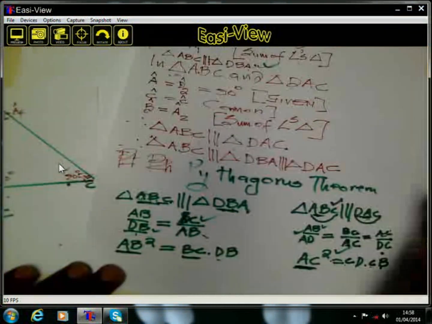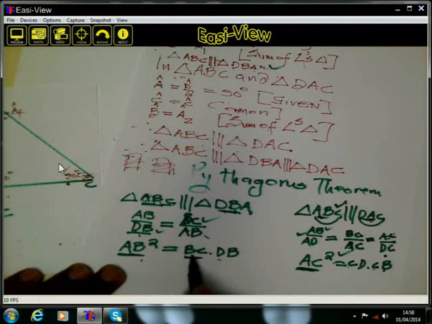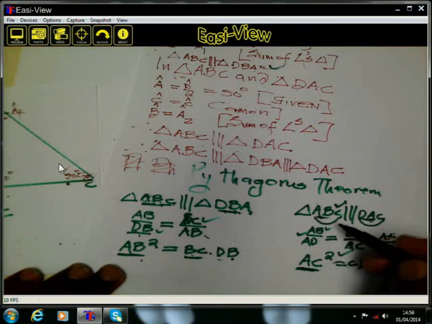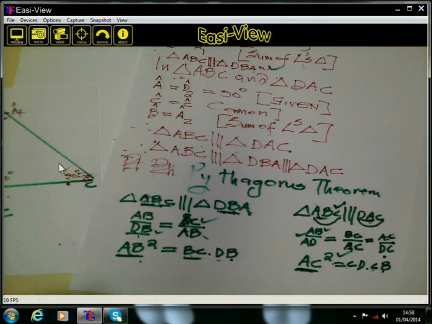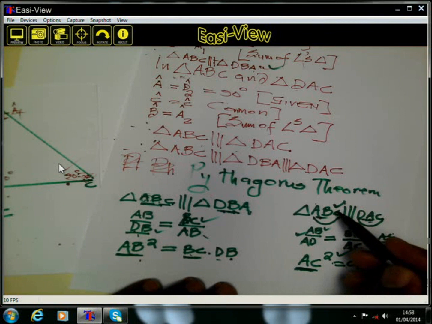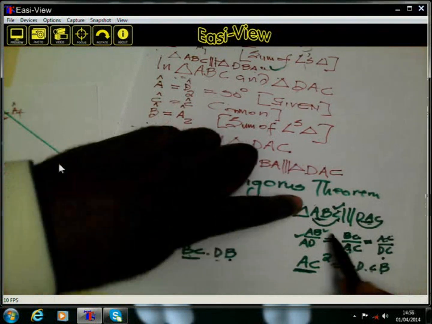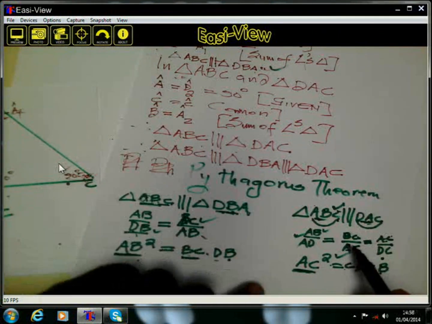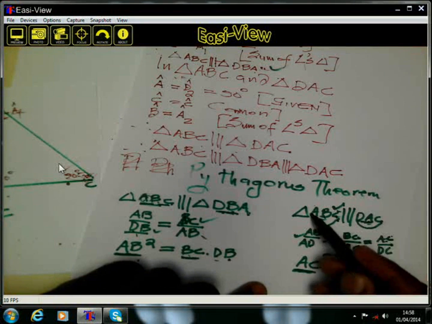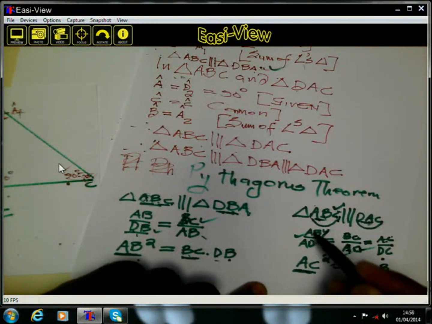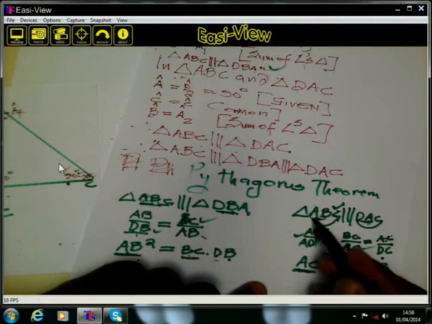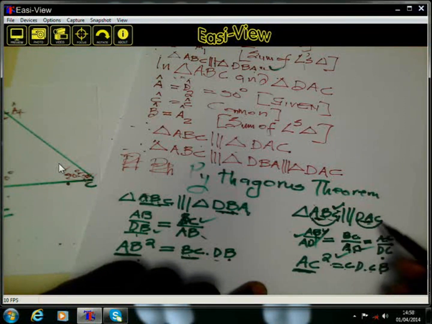So I have proved that AC squared is equal to CD multiplied by CB, just as AB squared is equal to BC multiplied by DB. Maybe others could have taken BC over AC, which was supposed to be equal to AC over DC.